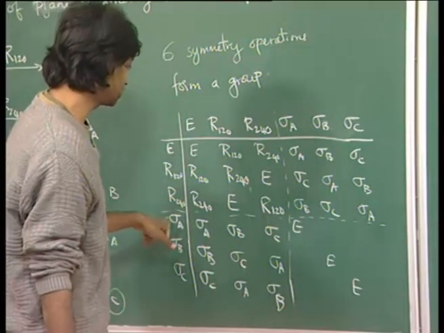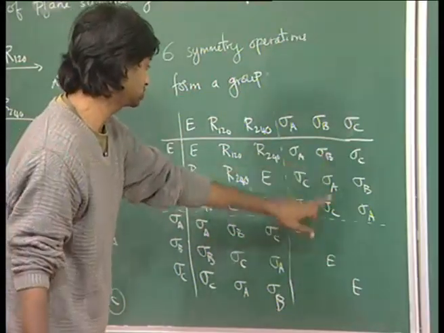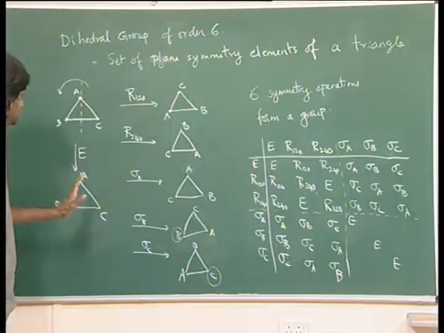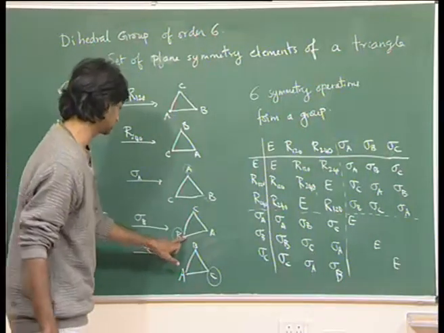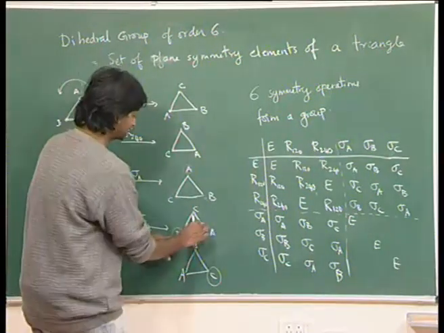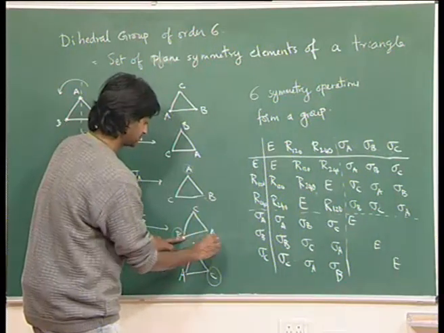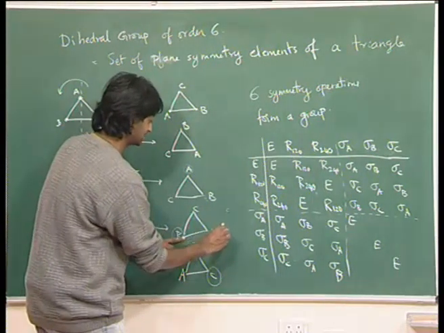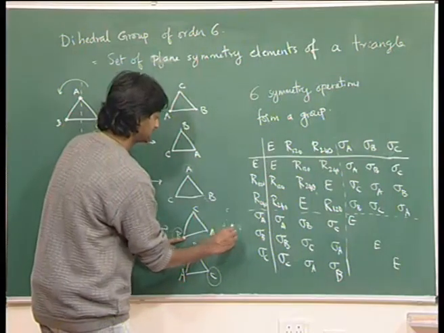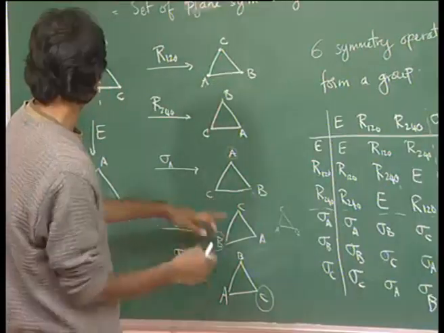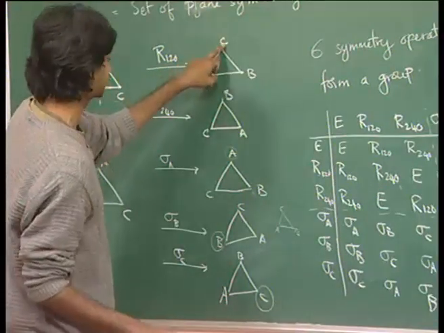And now what about sigma A, sigma B? So, first you do sigma B and then you do sigma A. So, first you do sigma B, that will correspond to this. So, you will get this. Now, if I reflect about this, then I have C A B, and you can clearly see that this corresponds to rotation by 120 degrees.